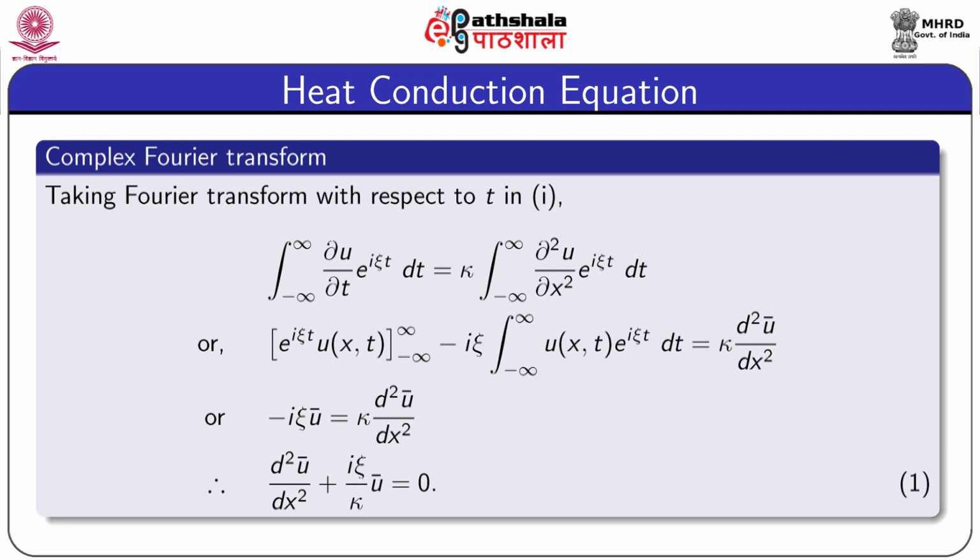For that, we are assuming e^{iξt} as our first function. According to that rule, first function into integration of second function, that is u, over minus infinity to plus infinity, minus integration of derivative of first function. That gives e^{iξt} into iξ, and integration of second function, that is u dt, is equal to the right hand side.